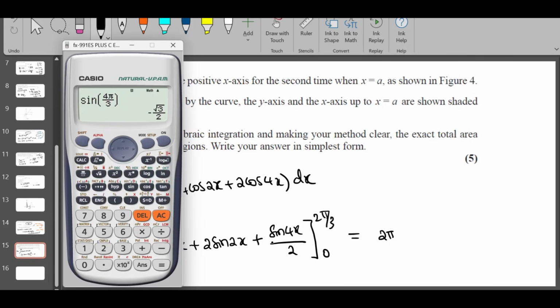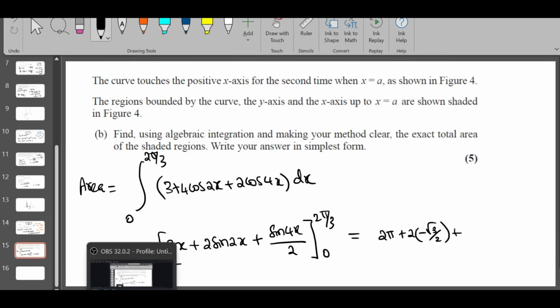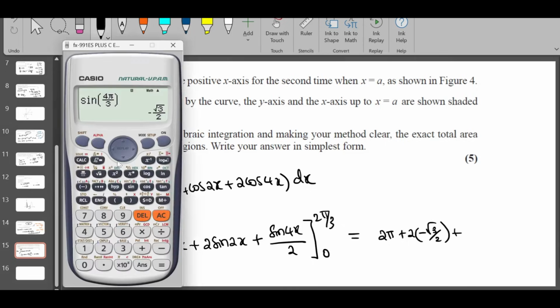Sin of that is minus root 3 over 2. And I have 2 times minus root 3 over 2, plus sin 4x, so it becomes 8 pi over 3. It is root 3 over 2.